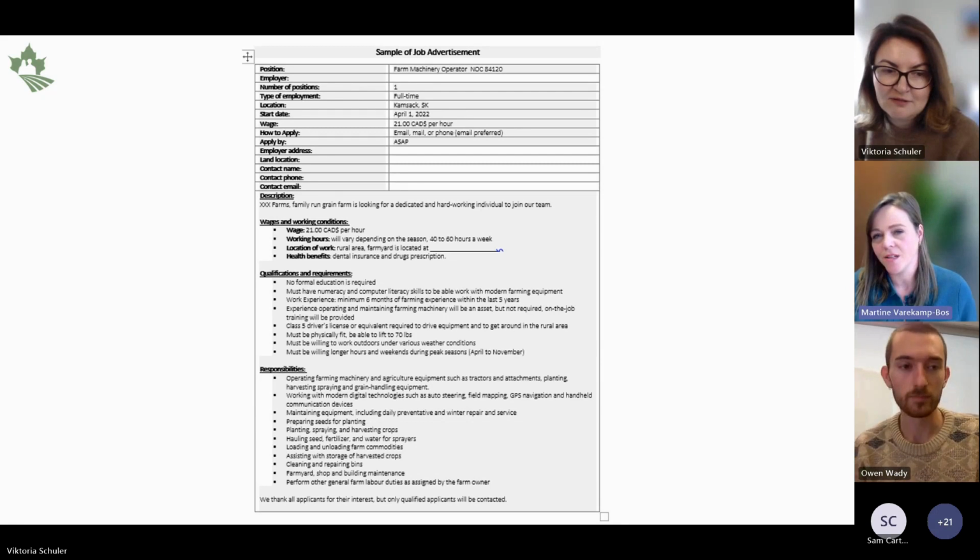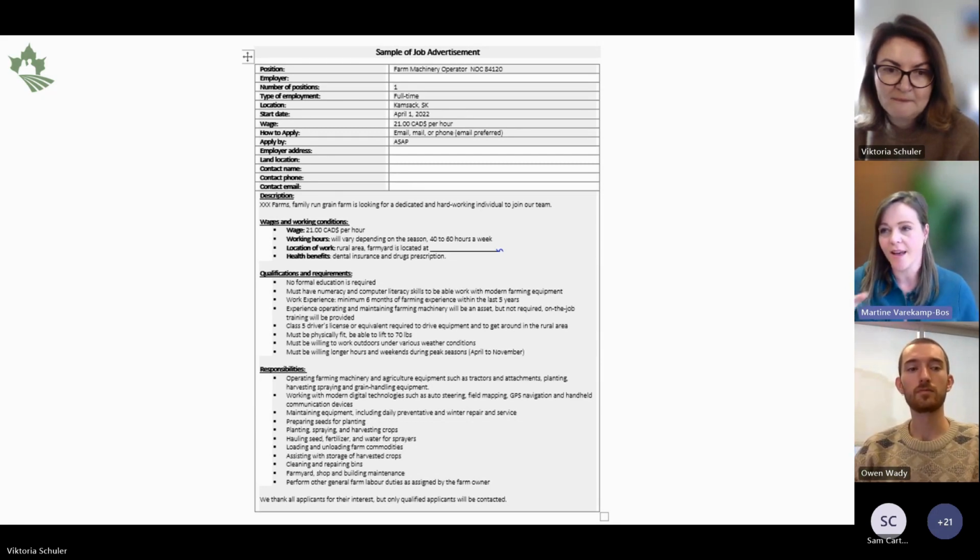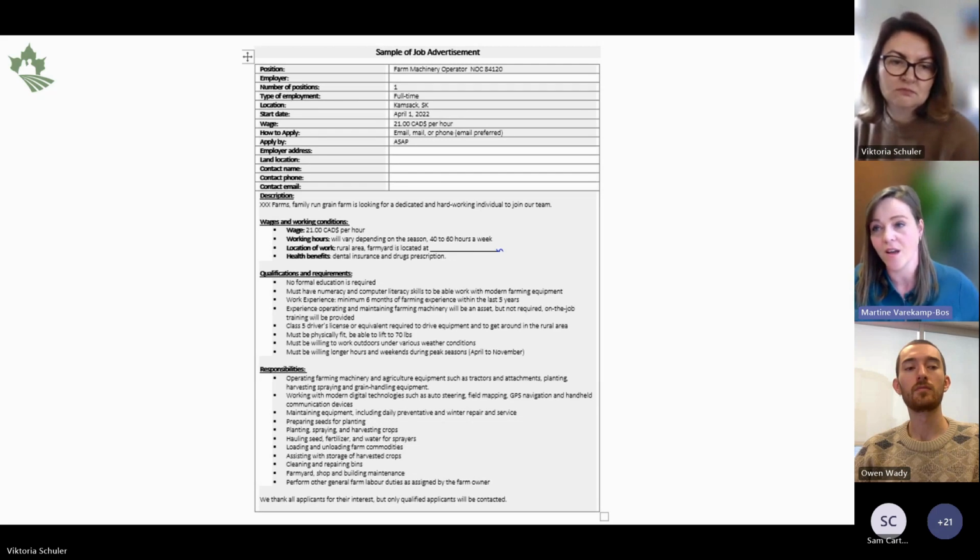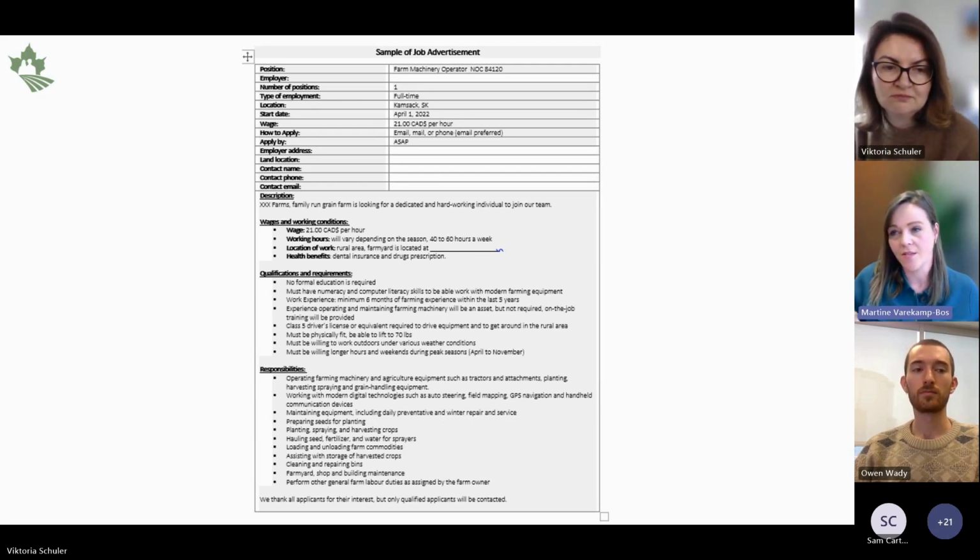What you have to keep in mind is that whatever you put in that ad, and what is going to be placed on that LMIA, the foreign worker that you're hiring is also going to have to meet those conditions. So if you put on there that you want them to have a high school diploma, your foreign worker is going to have to prove in their work permit application that they have high school. If you're asking for 1 or 2 years of experience, the foreign worker is going to have to supply sufficient proof that they meet the 2 years or whatever you've asked for in terms of work experience requirements.